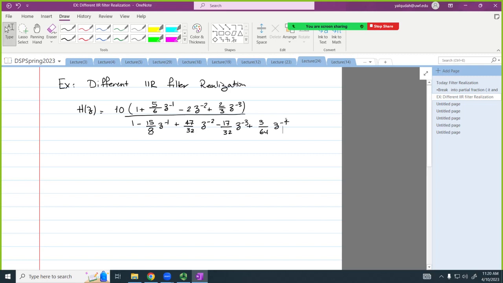We're going to look at the direct form 2, the cascade form, and then the parallel form.